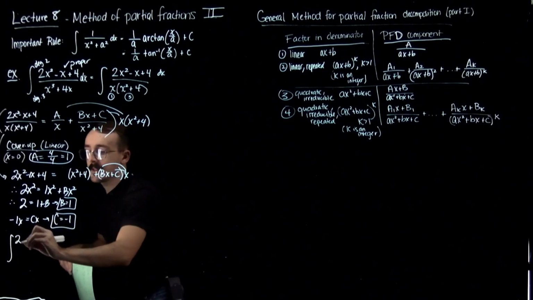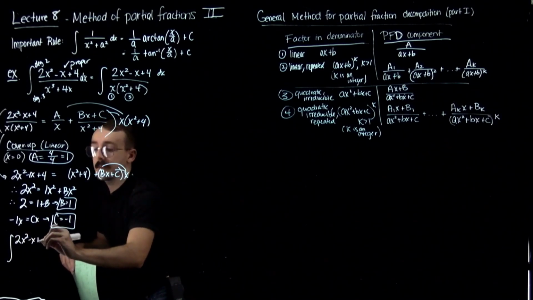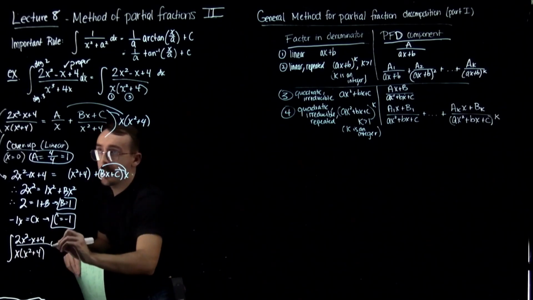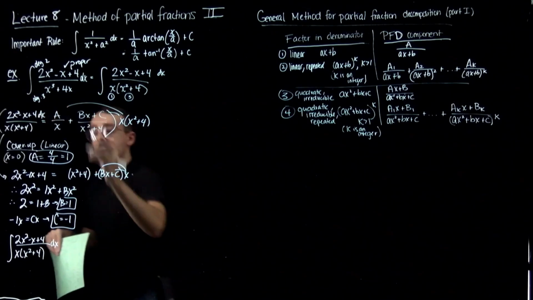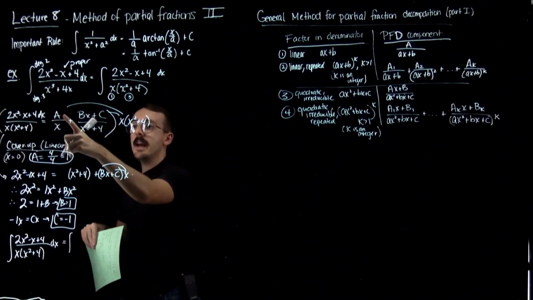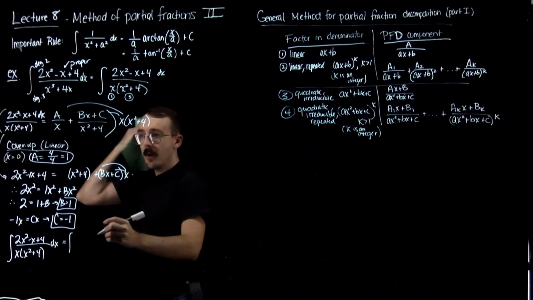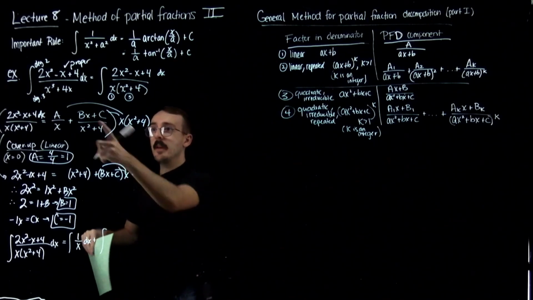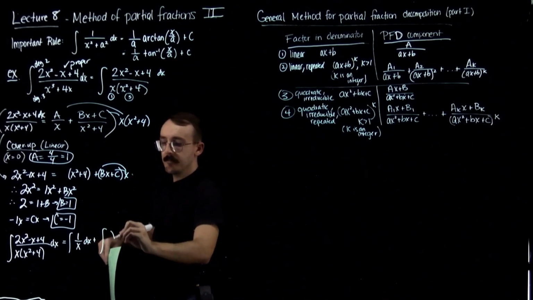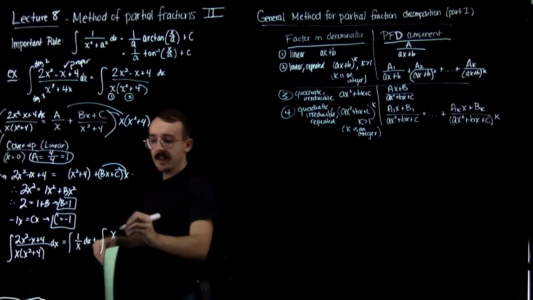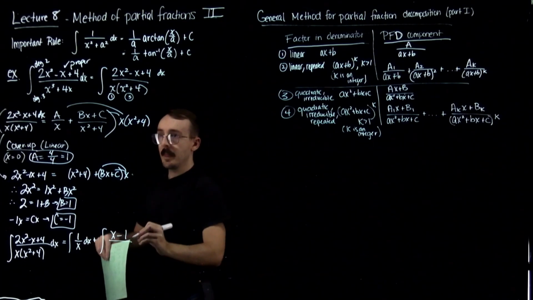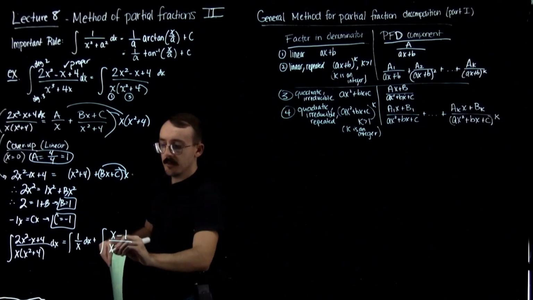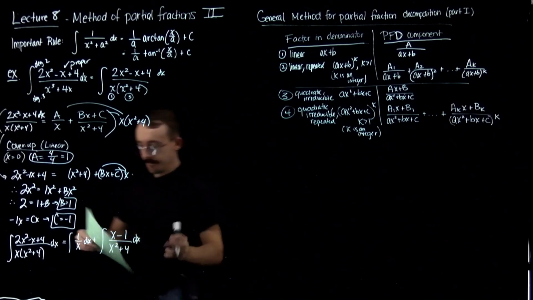So this integral I had before, the 2x squared minus x plus 4 over x squared plus 4, this is equal to the integral of a over x, which is going to be 1 over x, plus the integral of b is 1, and c is -1, over x squared plus 4 dx.